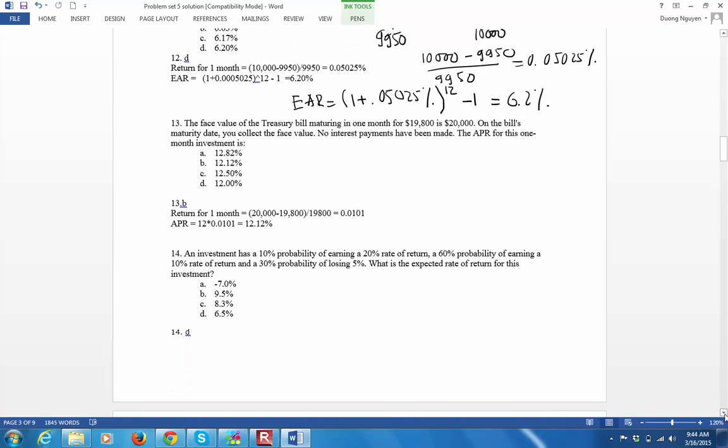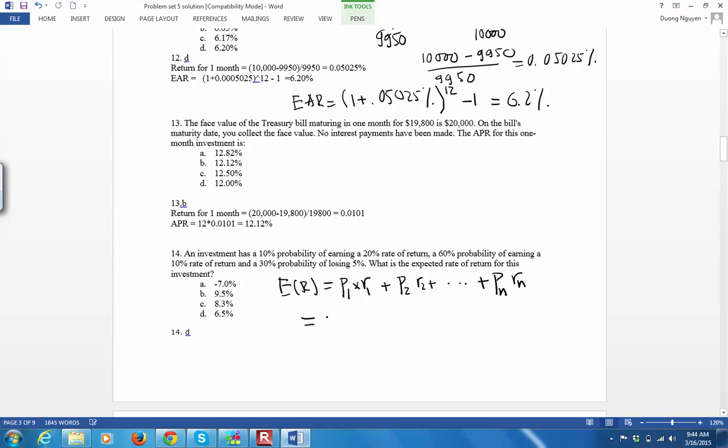Number 14. Okay, and what is the expected return? Remember, the expected return is equal to the probability for the first outcome times the return in the first outcome, plus the probability in the second outcome times the return in the second outcome, and so on to the last outcome, PN times IN. Alright, over here you have 3 outcomes.